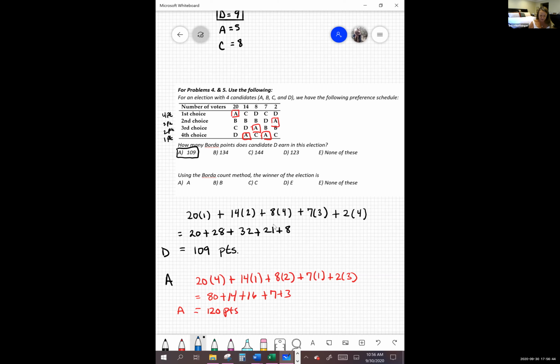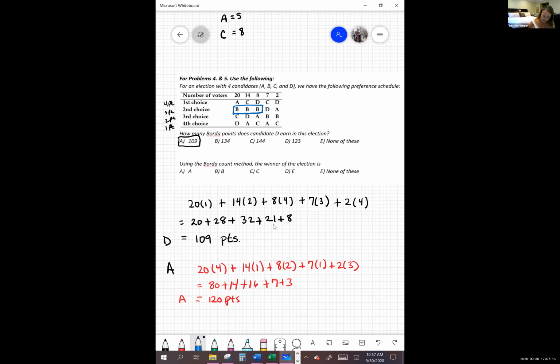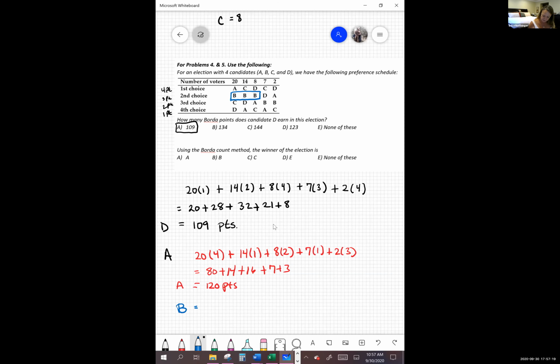So go through and do that for B. Another way we can group it here, notice that B is chosen for second place for all of these. Let's look at how many people did it. That was 20 plus 14, that's 34. 34 plus 8 is 42. So that's 42 people, and second place is worth 3 points.